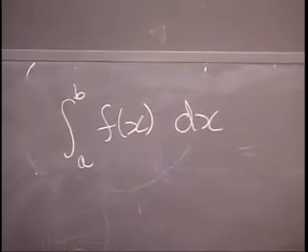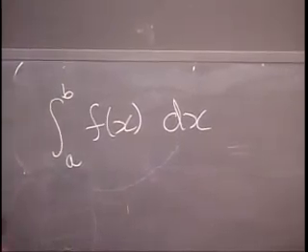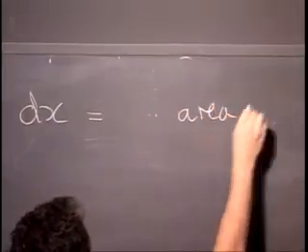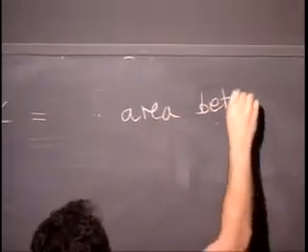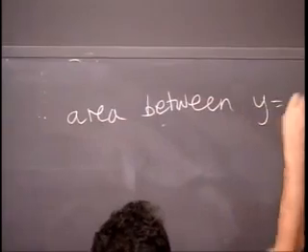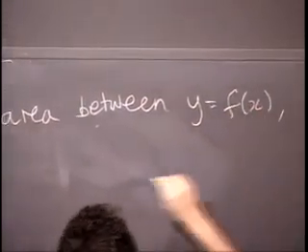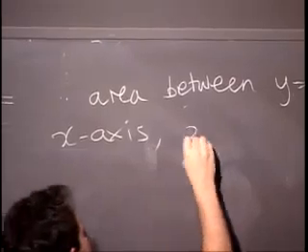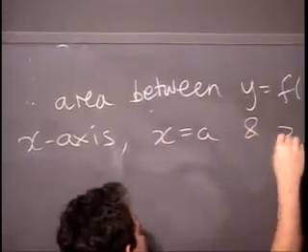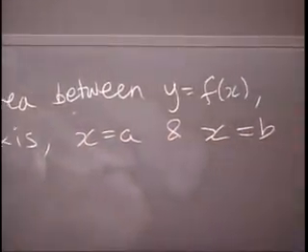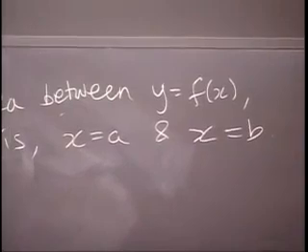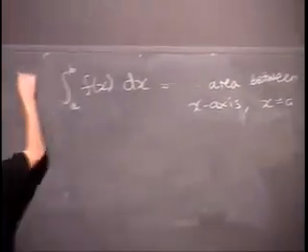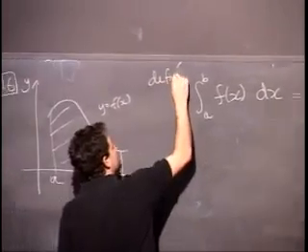I would like this to be the area between y equals f of x, the x-axis, and the lines x equals a and x equals b. So there's the notation. This is called the definite integral. There are indefinite integrals, which we'll look at in a little while.